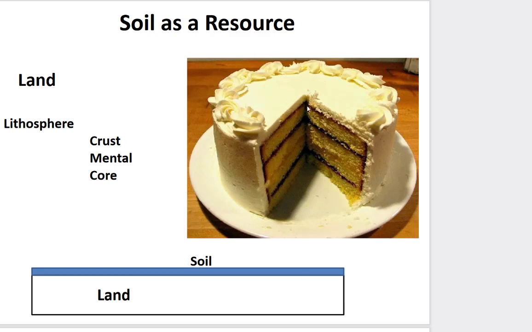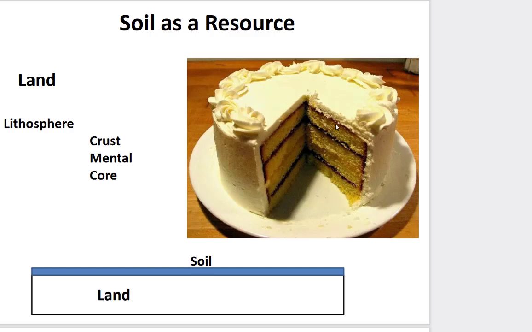It is the same as a cake here. You can see this cake is generally constructed with bread material. This is the solid part of the cake, known as the bread. The topmost layer is the very valuable part of the cake. The value of the cake generally consists of this material, so this is functioning just like soil.